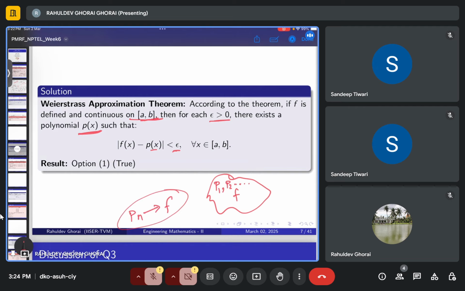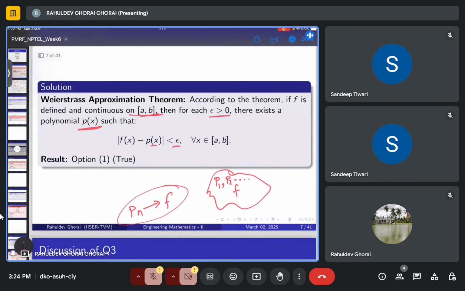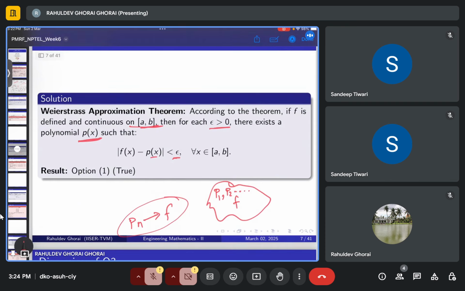In each small neighborhood of f you will find a p which is very close. So it's a very mathematical thing. Just remember that however close you want, you can get using a polynomial.